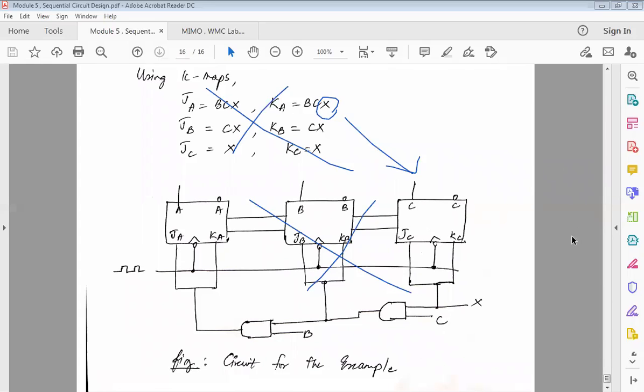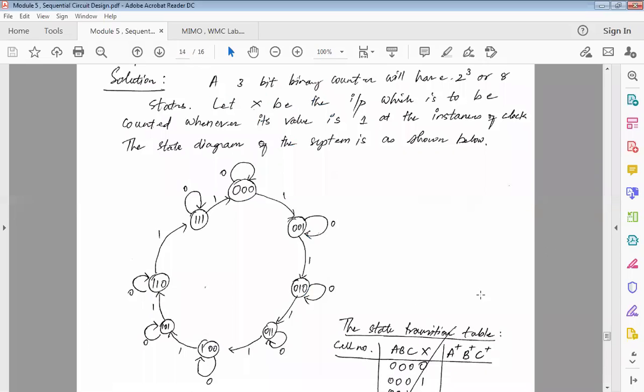Now take this as your assignment. As your homework, instead of implementing it in JK flip-flop, try to implement the same using SR flip-flop. So you can probably copy down the question.